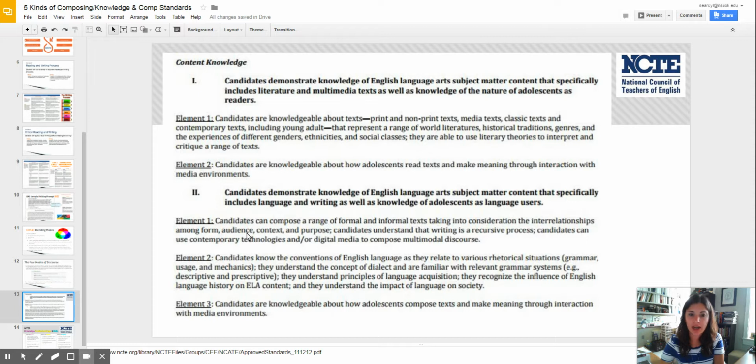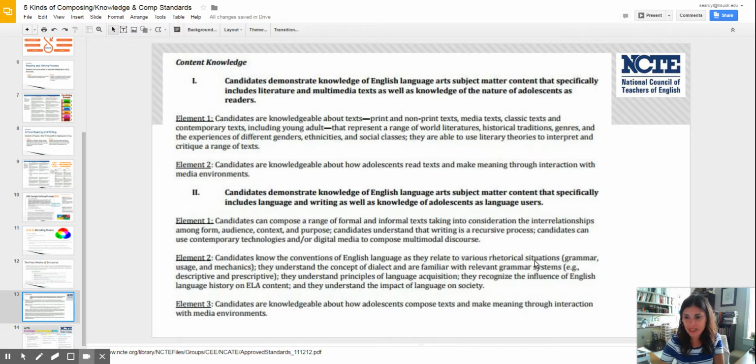We need to know audience, context, and purpose. That's the rhetorical triangle. We need to engage in a recursive process, which is the writing process. We need to use technology. Check, we're doing that with this online course. And we need to be able to compose multimodal discourse, which is Standard 7, and that is simply visual literacy and showing our thinking through other means of expression.